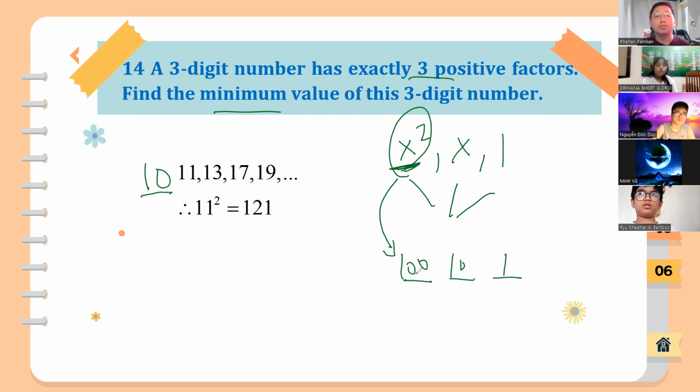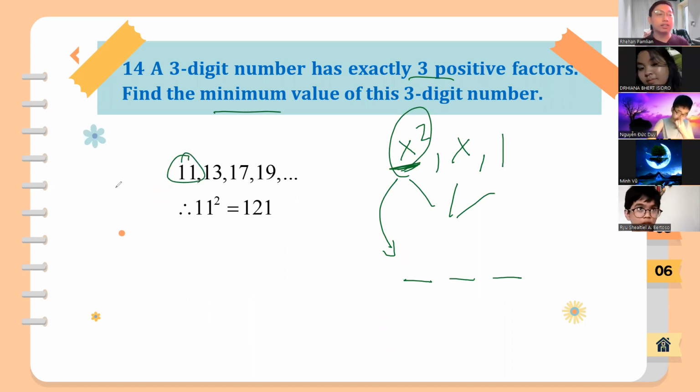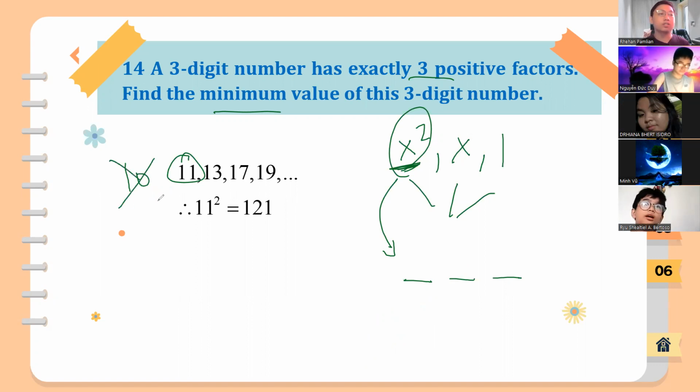But remember that this 100 has also other factors, so it can be 4 and 25. So you cannot use 10, correct? So we need to start with 11.